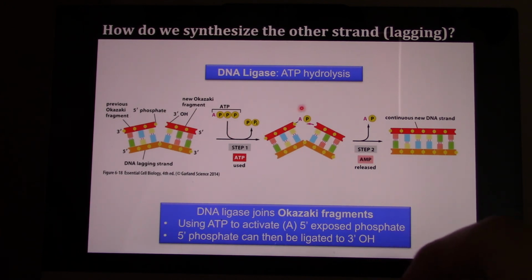We break a bond to make a bond. Release the energy from ATP, use the energy to make a phosphodiester bond. So we use a 5' phosphate to ligate to this 3' hydroxyl together with the other new strand. So the two strands are put together by this phosphate that's broken off of the ATP.